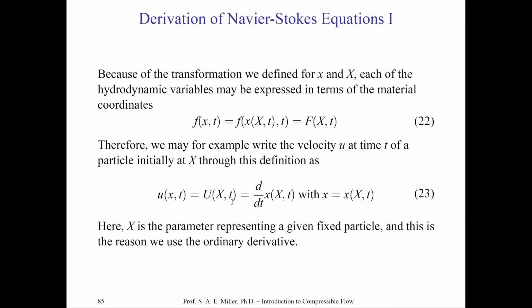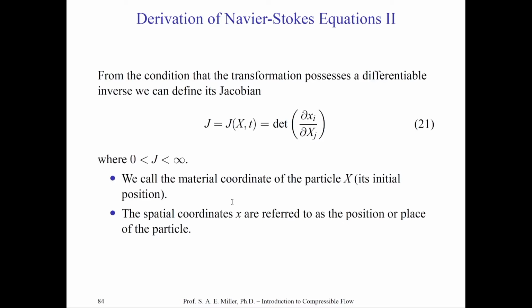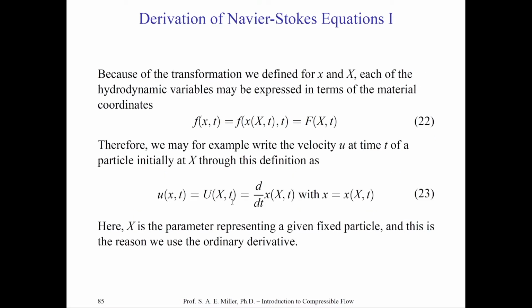And now with our definition of the determinant of the Jacobian for this simple one-dimensional example, we can write u equals, of course, the ordinary derivative with respect to t of x of big X, t, which will, of course, be equal to the velocity big U, with, of course, x equals x of t, the same property.